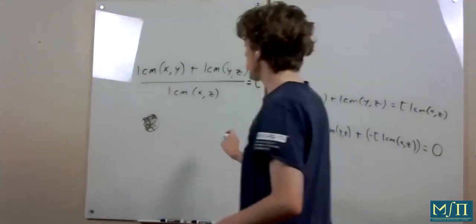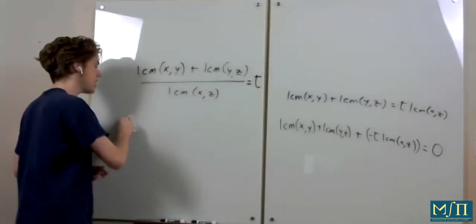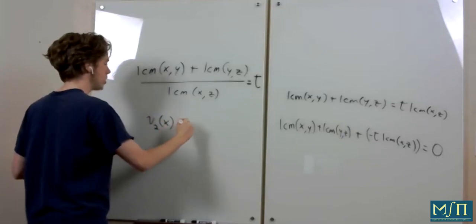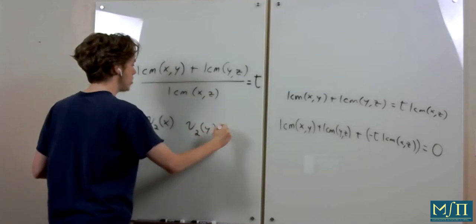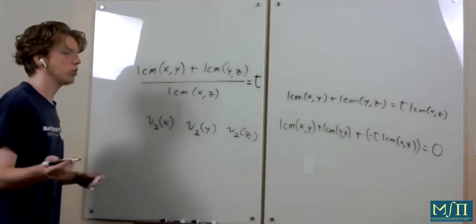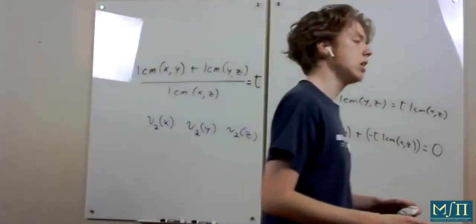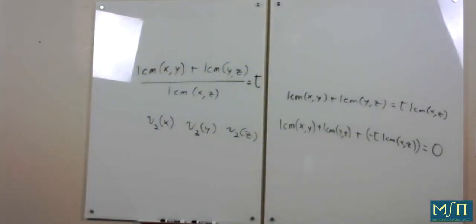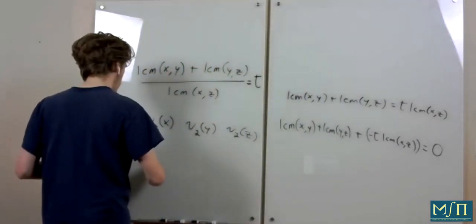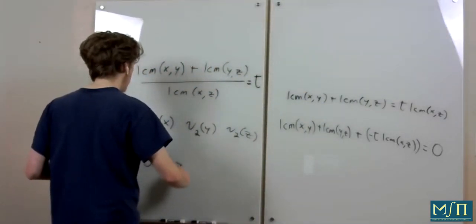A standard notation for this is v sub 2 of x. Similarly, you could take v sub 2 of y and v sub 2 of z. So, if x were 120, this would be 3, because 2 to the 3 divides 120, but 2 to the 4 doesn't. And so in some order, we can take these to be some numbers a, b, and c, with a greater than or equal to b greater than or equal to c.